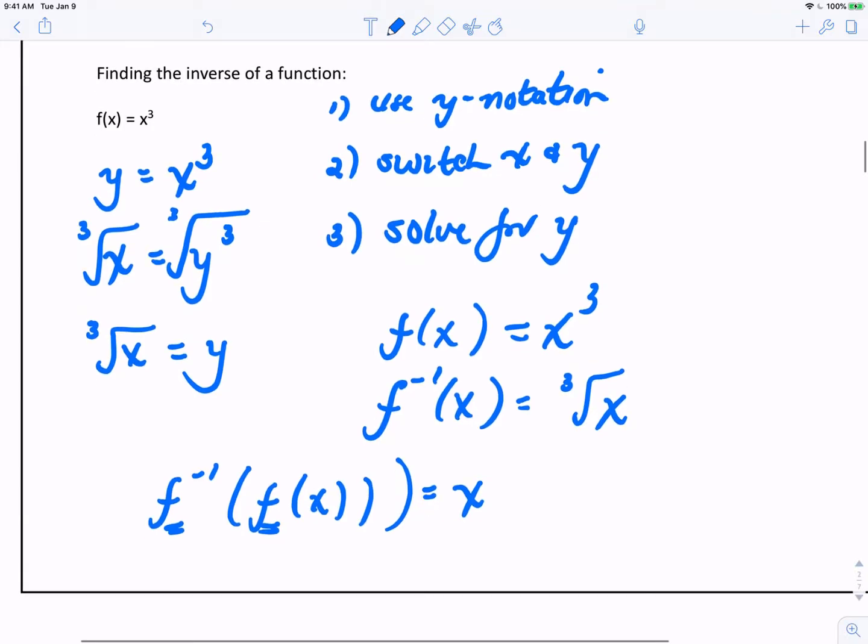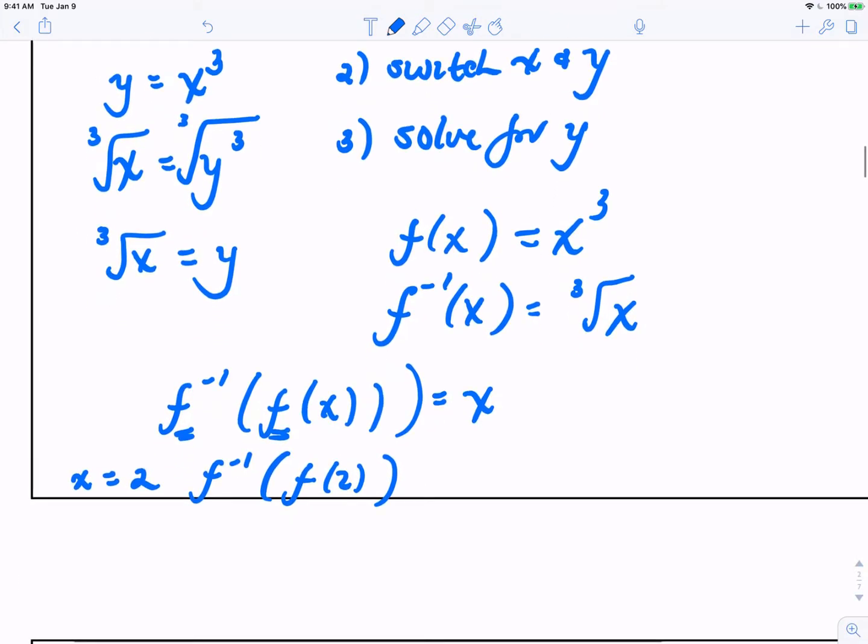For example, let x equal 2. What if we did f inverse of f of 2? Now remember, this is function composition, so sometimes you might want to set it up in a picture. You don't have to. But first we're going to do f, and then we're going to do f inverse.